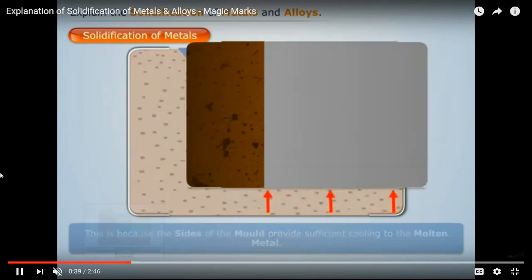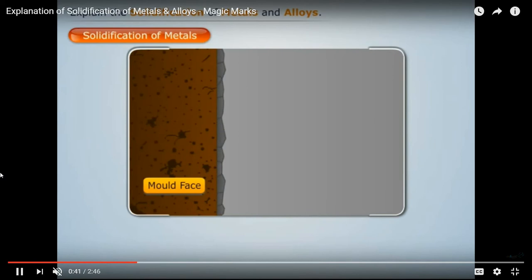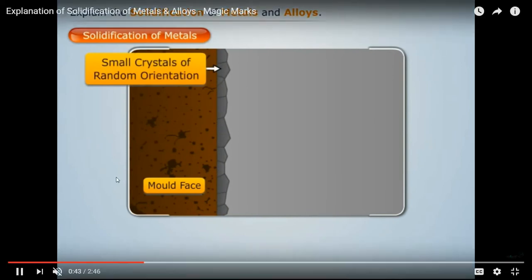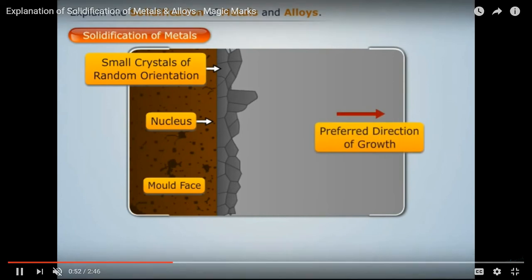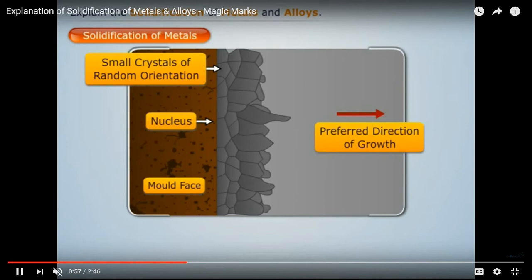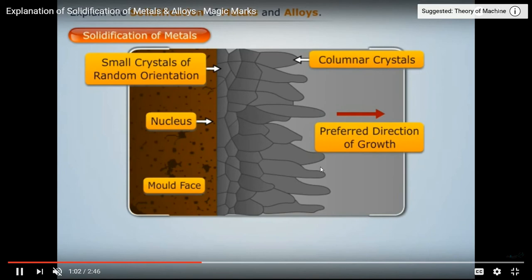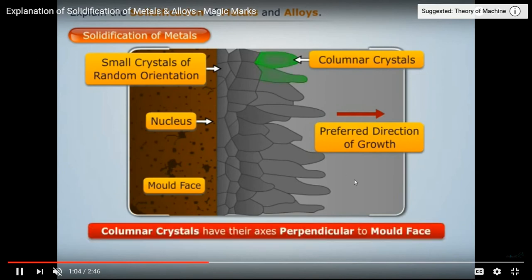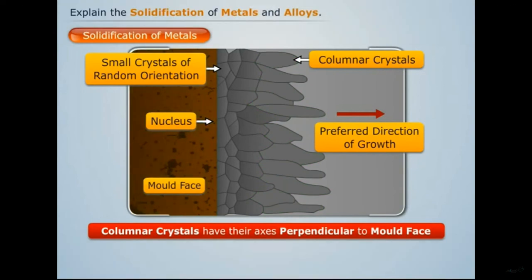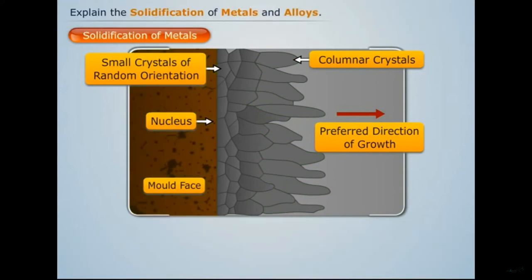and when the process is passing, if we look at this at a microscopic level, at the first level we have equiaxed or random type of orientation when we have a huge heat transfer, and then we have preferred direction of growth when the rate of cooling is different by the time that we reach the central part of the molten metal.